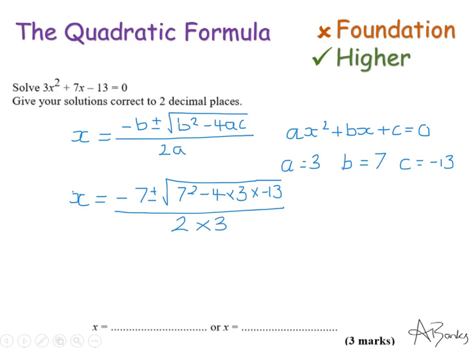And that gets us our first mark. Now you can type this in your calculator as it is, and you will get the right answers. You need to type it in once with a plus here, and then type it in again, but this time with a minus. And that gives you your 2 answers for x.